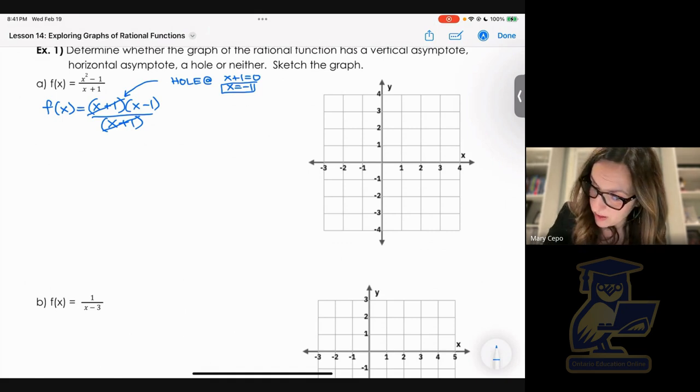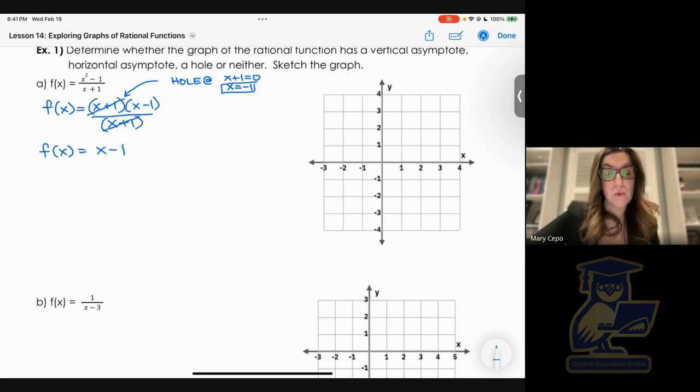So then simplifying, we have f of x is equal to x minus 1. So interestingly enough, we have simplified this rational function, because we did have a common binomial factor, into a linear function. Okay, but it does have a hole. The hole is at x equals negative 1. But because we have to draw our hole, we want to make sure what is the corresponding y value so that we have an accurate picture of the hole.